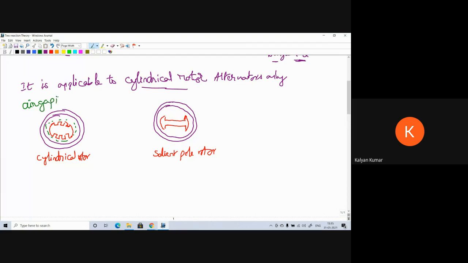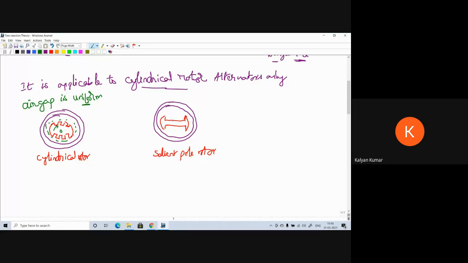Air gap is uniform irrespective of the rotor position. So whether the rotor is in this position or rotates by a certain angle, the air gap between the rotor and stator is almost constant. Therefore, the cylindrical rotor alternator is going to have uniform air gap.